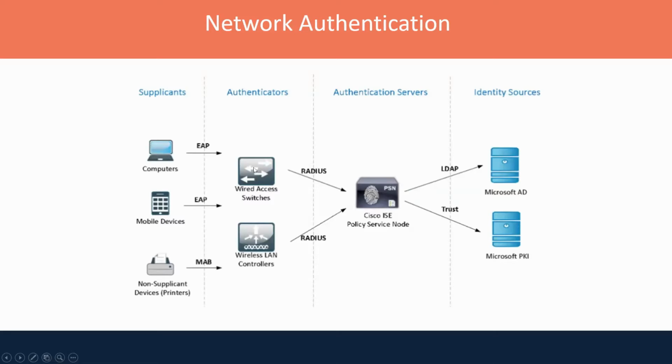That would go to the switch. The switch would be checking the authentication mechanism. Based on that, it forwards to ICE, and ICE further looks up that user in its identity sources. If the user is present, the user would get a token and be authenticated to the network, and he can access the network resources. If authentication fails, the user won't be able to connect to the network.